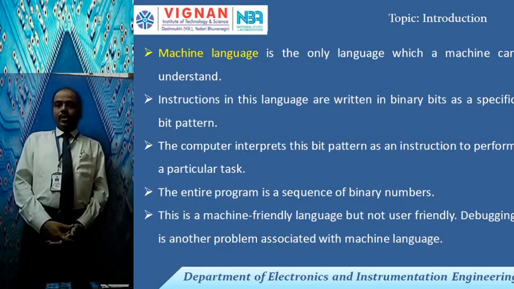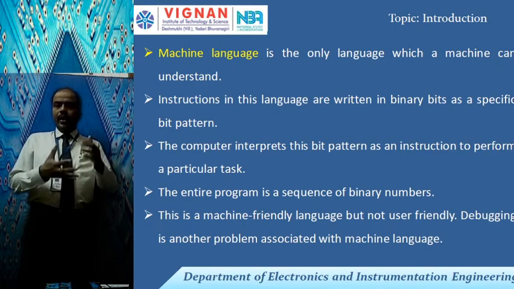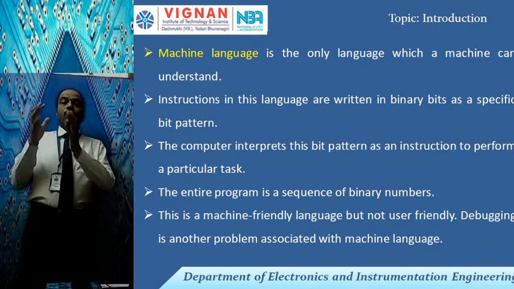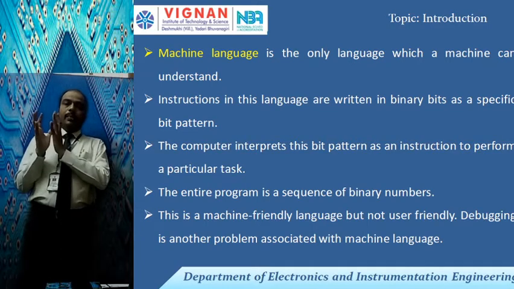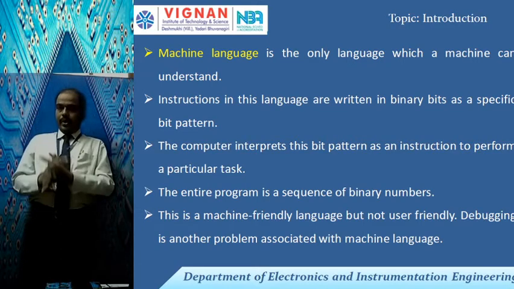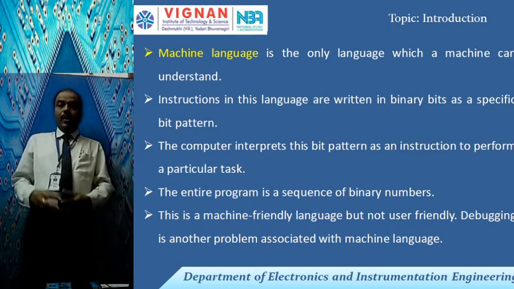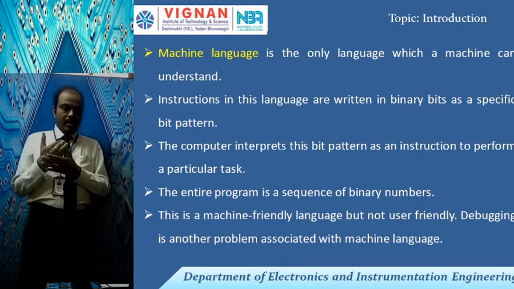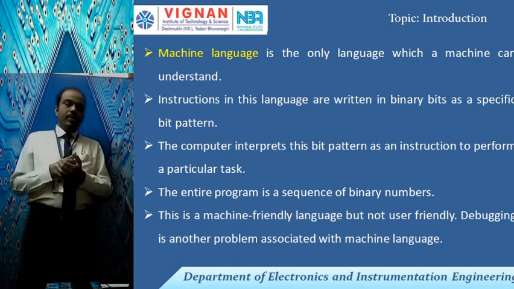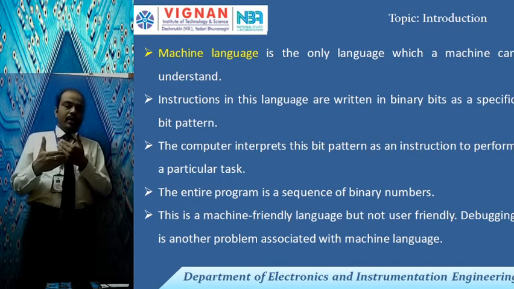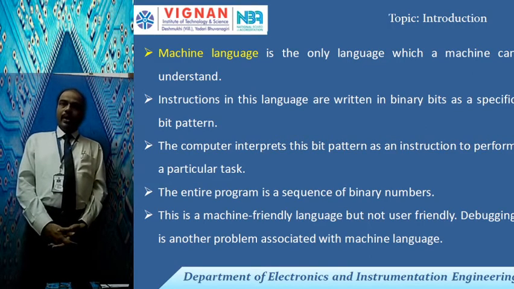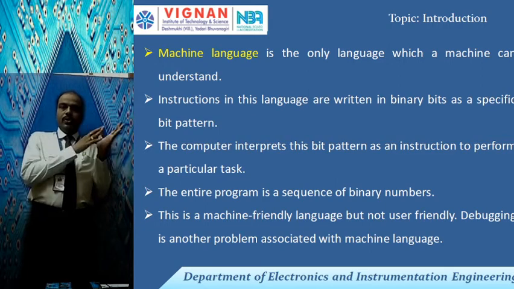What is machine language? The name itself implies it: the language which can be understood by a machine. Here the machine is the processor, microprocessor or microcomputer. It is the only language which a machine can understand. Instructions in this language are written in the form of binary bits, as a specific bit pattern like 0, 1, 0, 0.